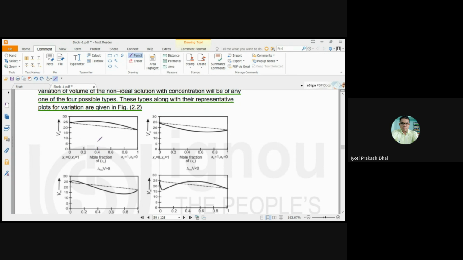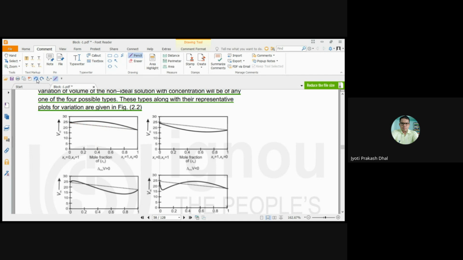So this point represents a mixture containing A and B, where the mole fraction of A is 0.4 and the mole fraction of B is 0.6. Now the dotted line represents the volume of the solution of A and B if the solution is an ideal solution. But as we have stated, the solution is non-ideal.